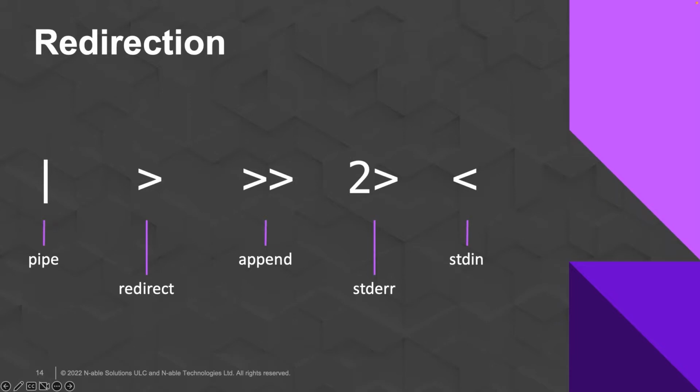And why a 2? Because there's also a descriptor of 1, which is implied in the standard out redirects. So 2 needed to be used. Okay, last thing we have is our less than symbol, or our little alligator mouth pointing with the small side to the left.